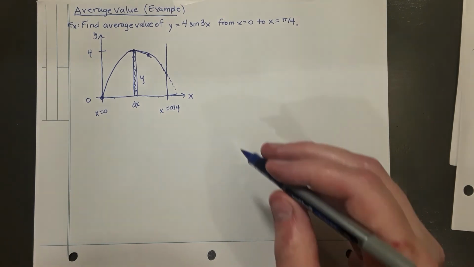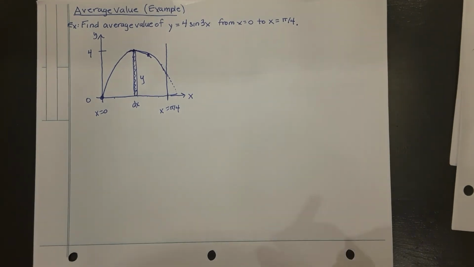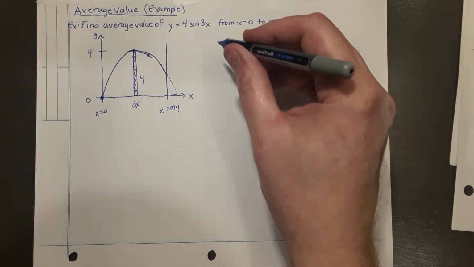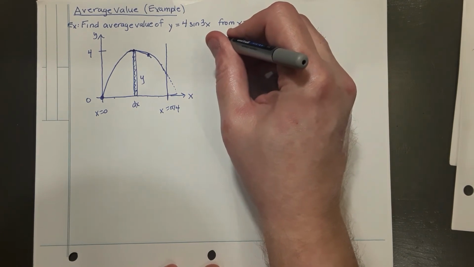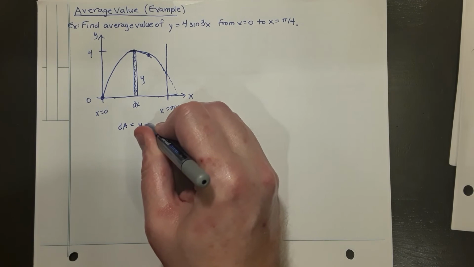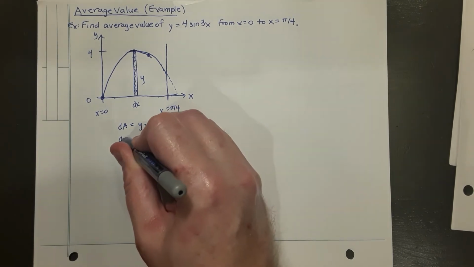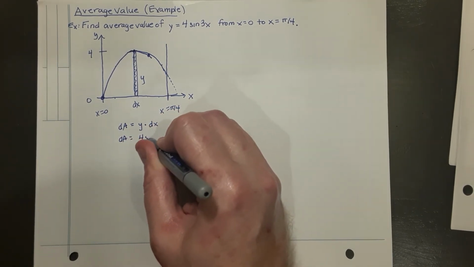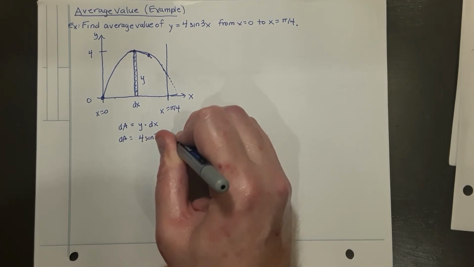There is no change, and so that's going to be the easiest way to do the problem. And so the area element dA is just going to be y times dx, or in this case, 4 sine 3x dx.